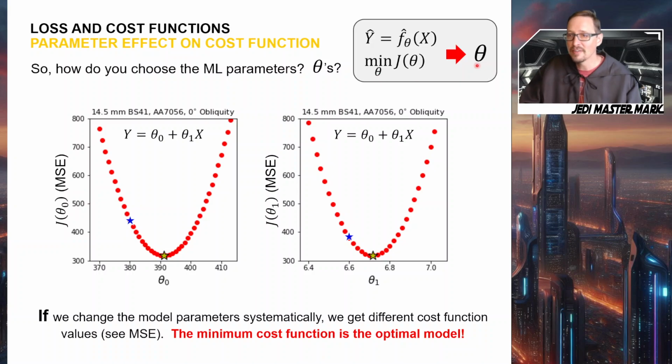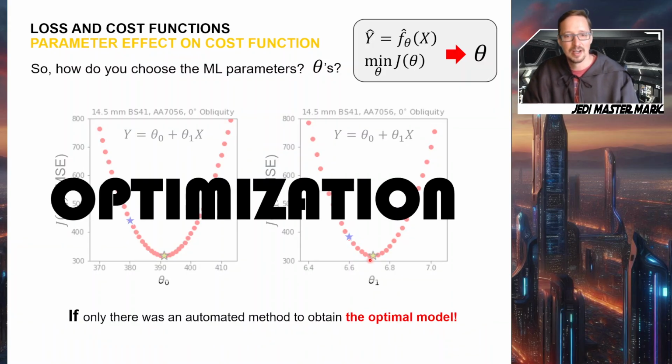And that's going to give us this optimal model. So really the question is, if we start somewhere, let's say we start at the blue star, how do we get all the way down? How do we know when we hit the best model? And that's where optimization is going to come in. We're going to talk about that in the next part of this video.